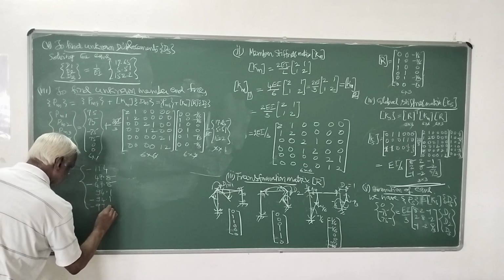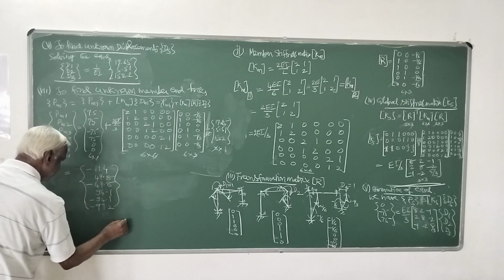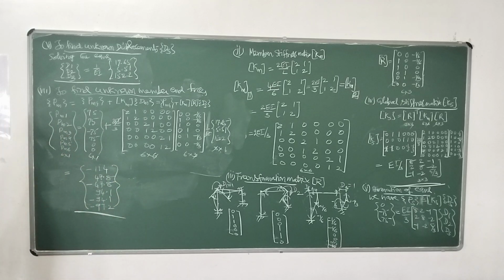That is the result. The final member end forces, whatever we identified in the first step, the unknown member end forces and unknown displacements, we were able to solve by this classical approach.